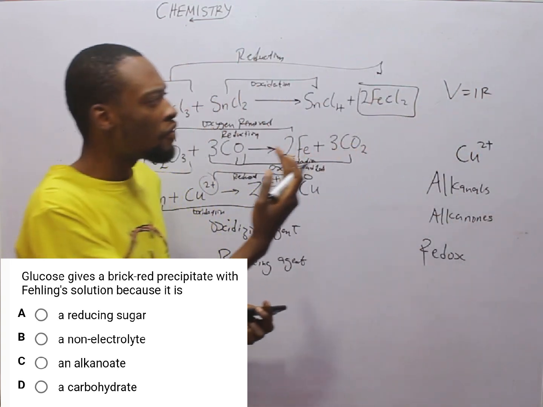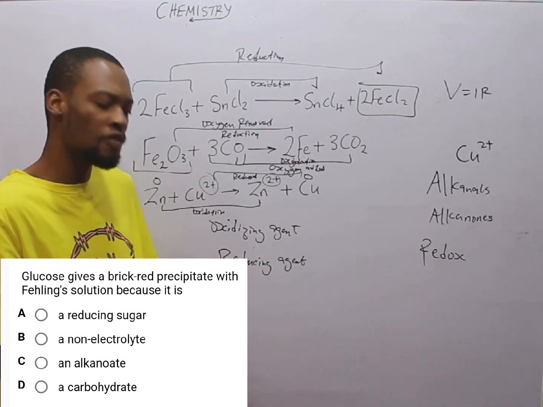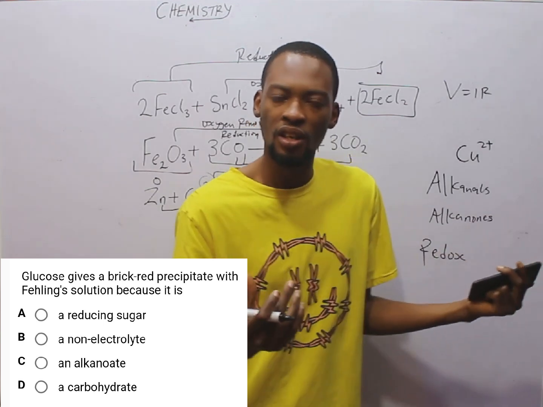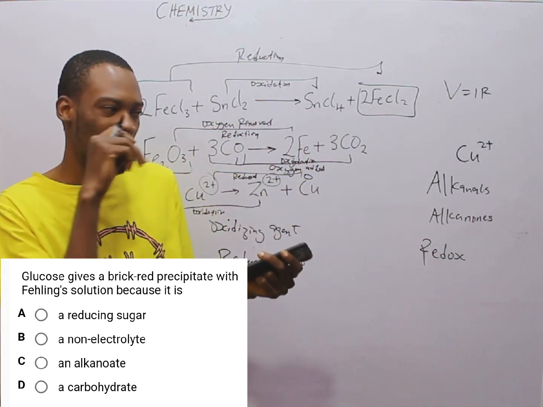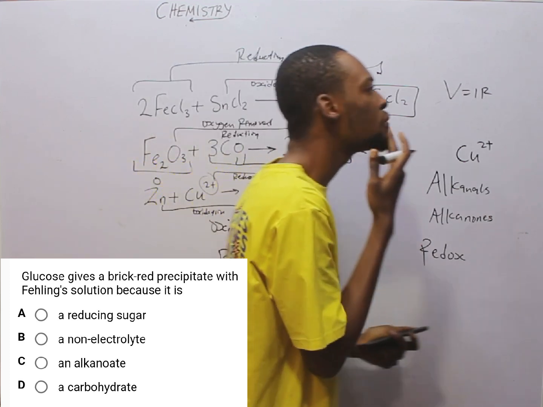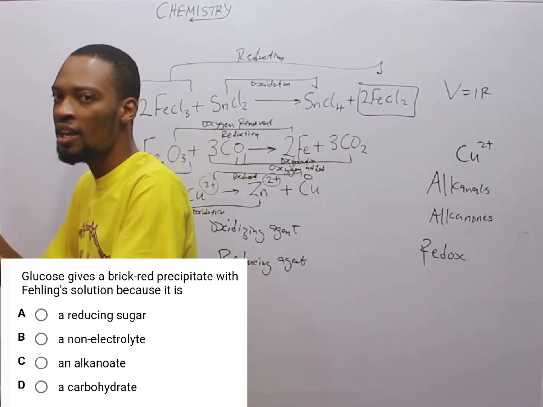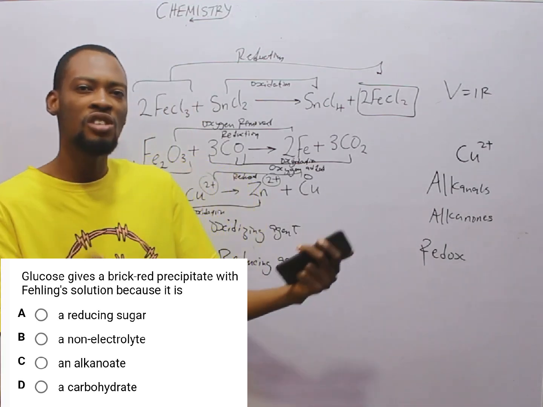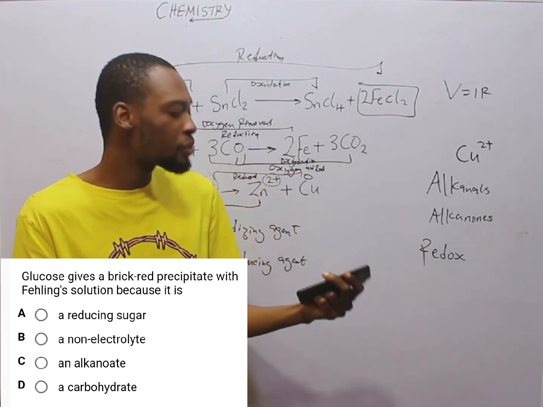As resistance or current increases, voltage increases. Voltage is what actually pushes current, but current is what kills, because current has a heating effect. This is why in physics you'll be told that electricity is transmitted at a very high voltage and low current. Why? This is to reduce heating, because when you transmit electricity at high current, there will be a whole lot of heat loss in the process.